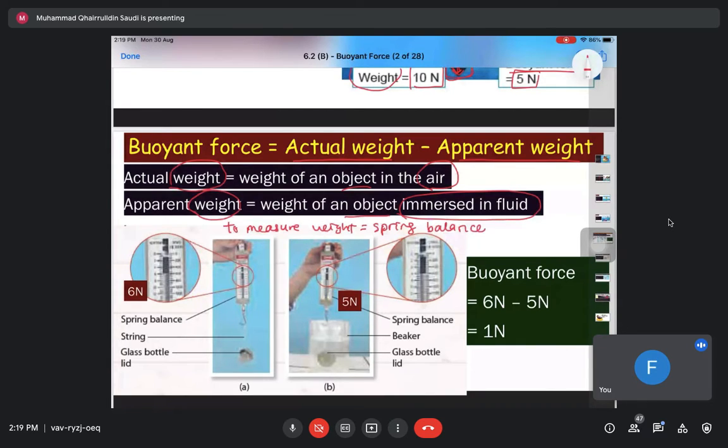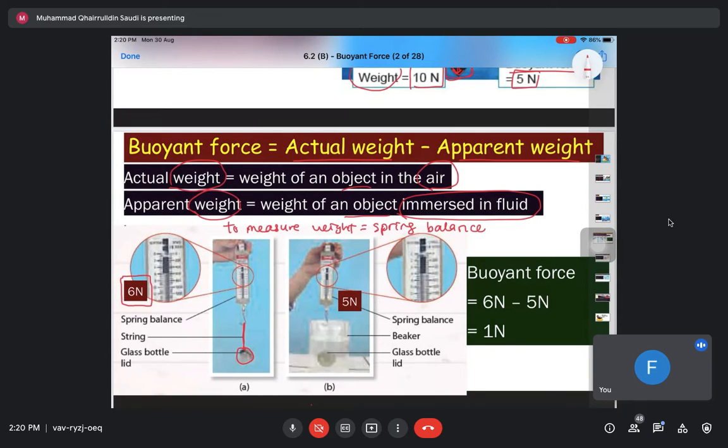We cannot use the usual weighing balance, because a weighing balance measures mass, while a spring balance measures the gravitational pull. So the actual weight of a stone, kita ikat kat tali, kita ukur dia guna spring balance dekat atas darat. The weight is 6 Newton.